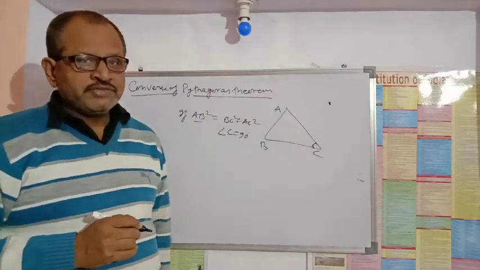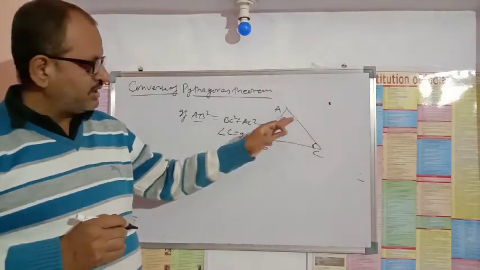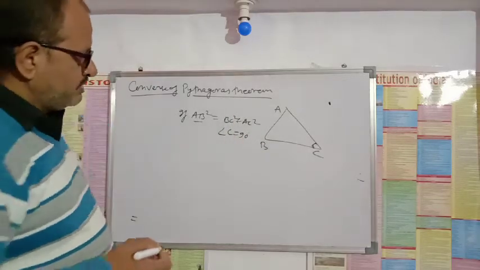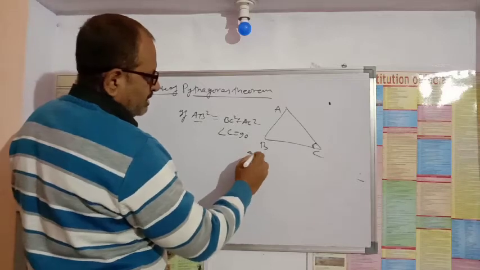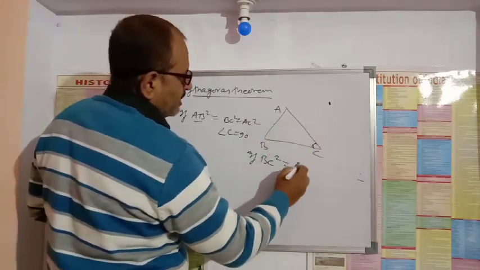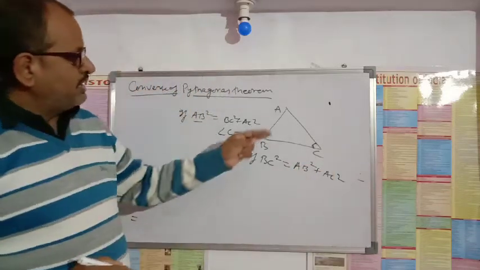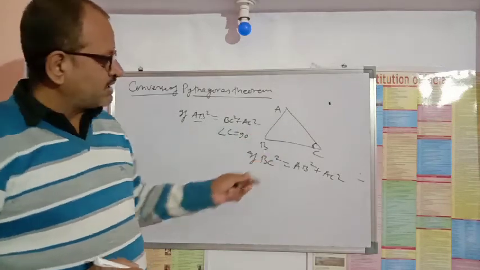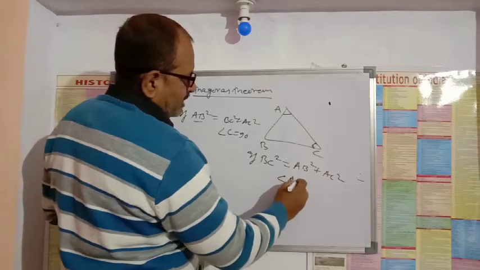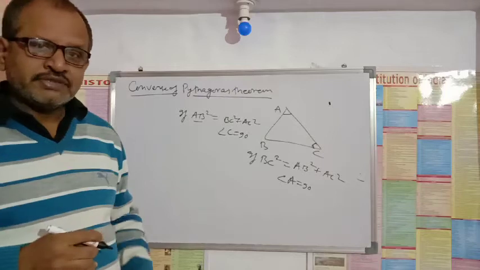So if the square of the longest side is equal to the sum of the squares of the other two sides, it will be a right angle triangle, otherwise not. Suppose BC square is equal to AB square plus AC square, then again it is a right angle triangle, and the angle opposite BC, angle A, will be 90 degrees.